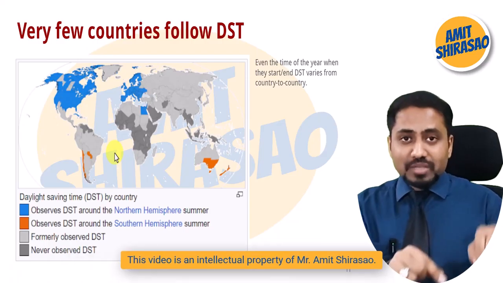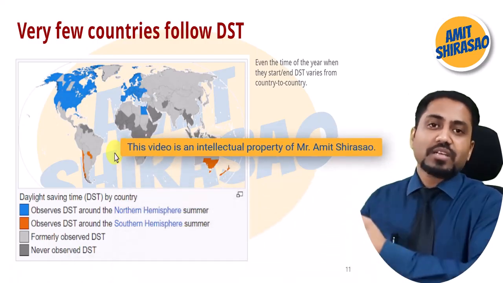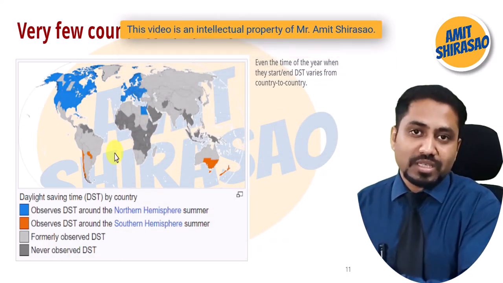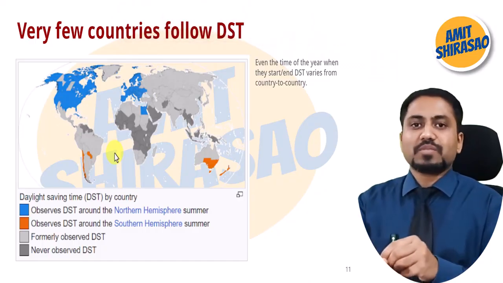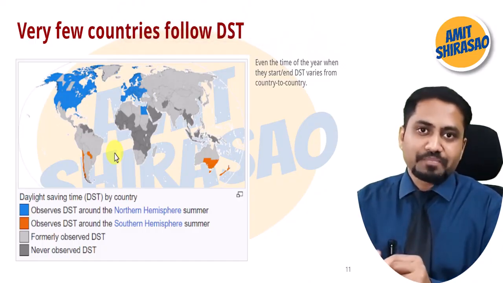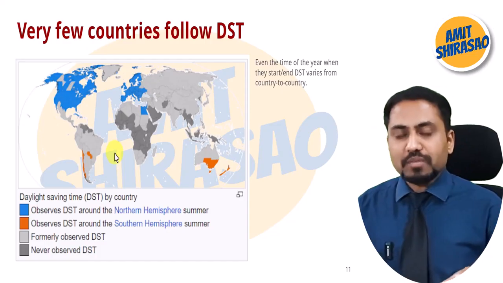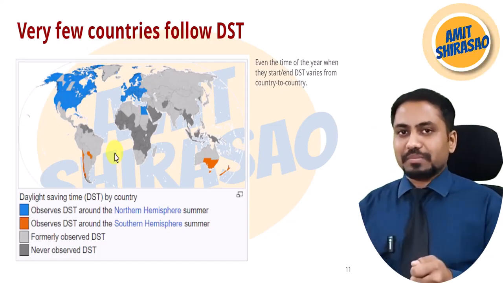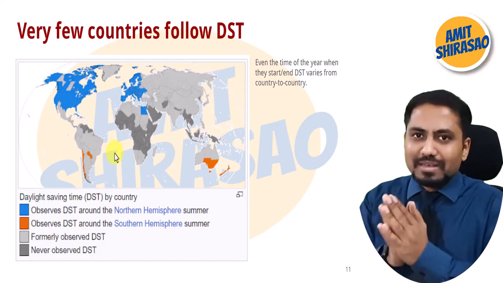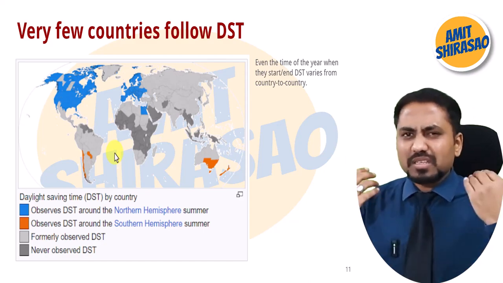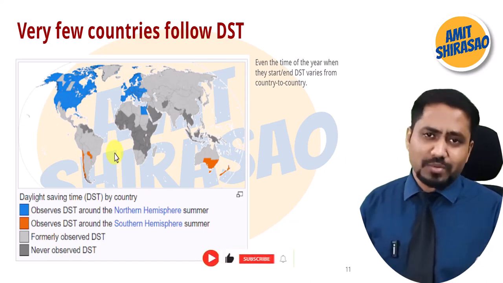But that day when they do this is different than the day when the US reverts back their clocks during the winter. So they both do it during the winter, but the days are different. Again, this whole concept of time zone, DST, everything is very political, nothing scientific about it.